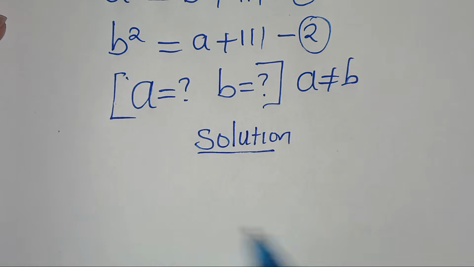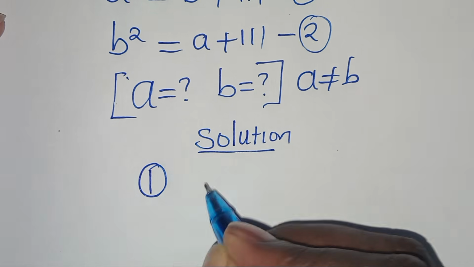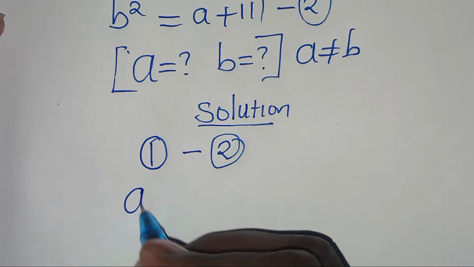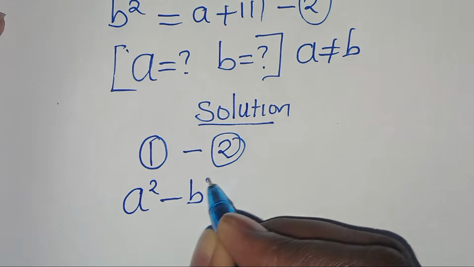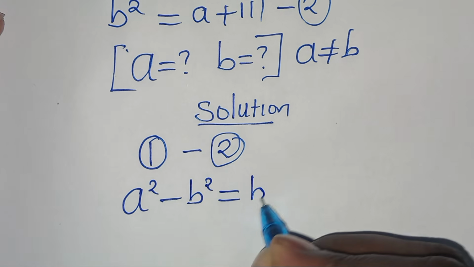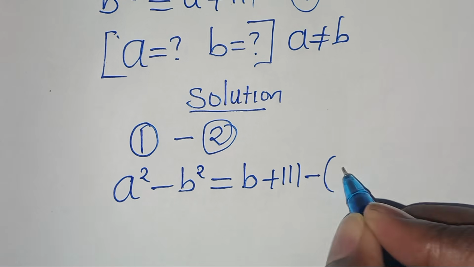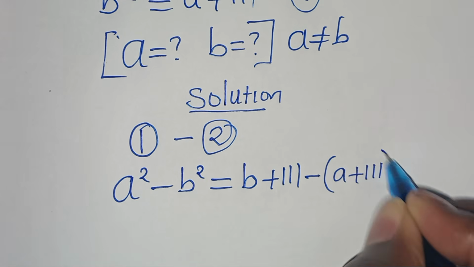Now, the first step is to subtract equation 2 from equation 1. So this is a squared minus b squared, which is equal to b plus 111 minus (a plus 111).